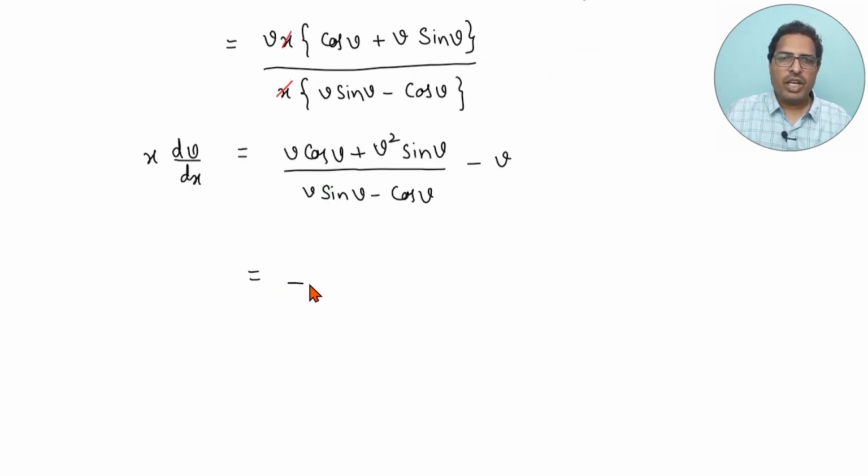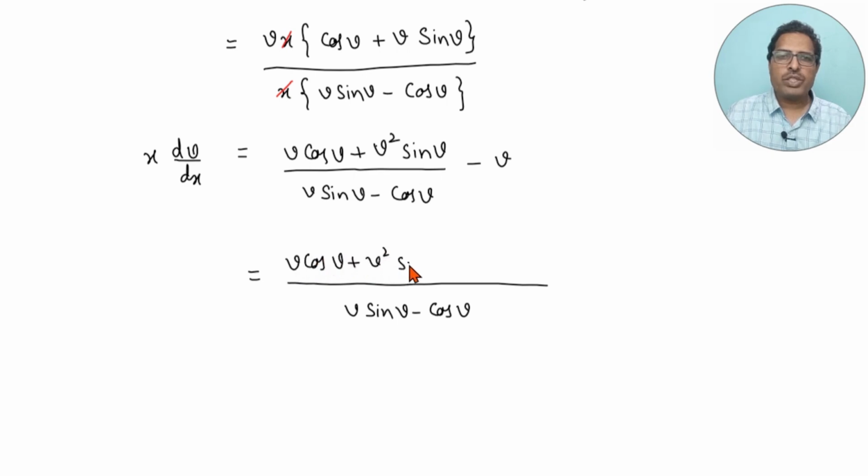So, now we can take the LCM over here, LCM is v sine of v minus cos of v. You can just cross multiply this along with this v. So, this numerator will remain the same, v cos of v plus v square sine of v minus v times, you are cross multiplying, it becomes v sine of v minus cos of v.